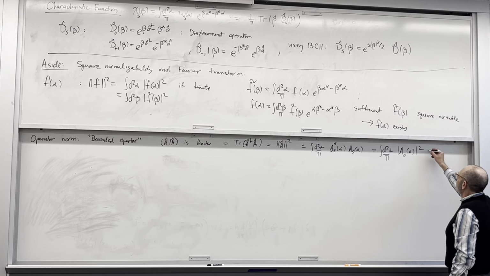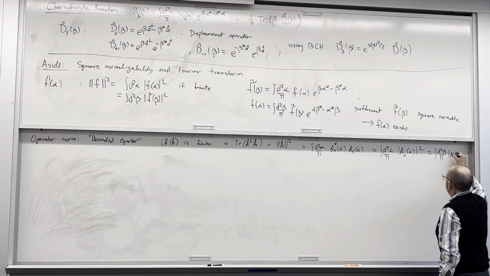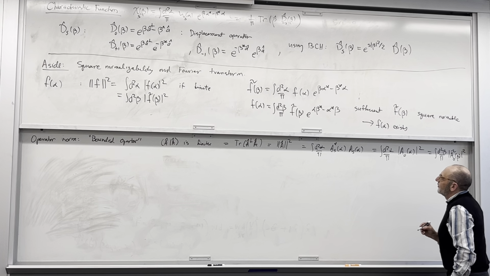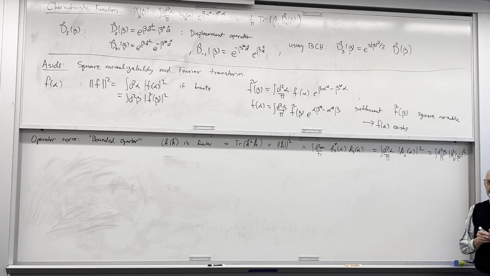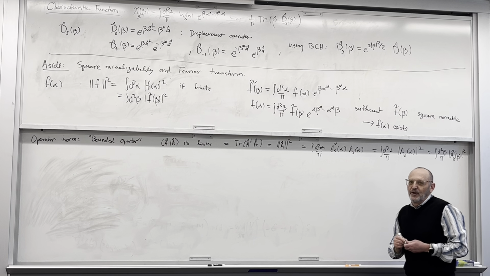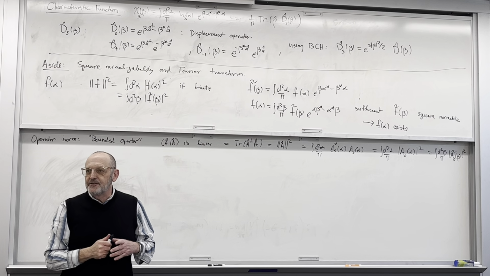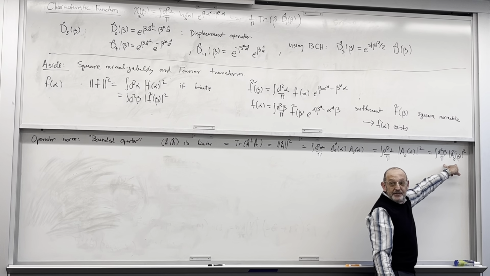Which is also the square of its Fourier transform by Parseval's theorem. So a bounded operator is one for which these functions are square normalizable. So if it's a bounded operator, those things are square normalizable, or at least this function is square normalizable.